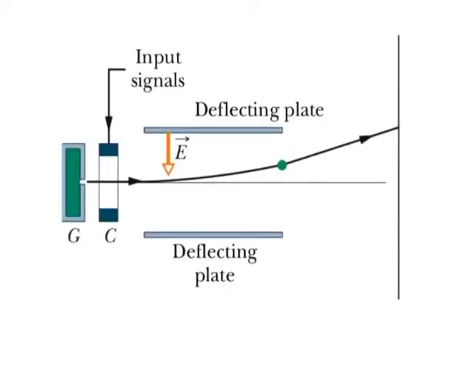This figure here shows a negatively charged drop moving between two conducting deflecting plates, between which a uniform downward directed electric field E has been set up. The drop is deflected upward according to the equation F = QE and then strikes the paper at a position that is determined by the magnitudes of E and the charge Q of the drop.